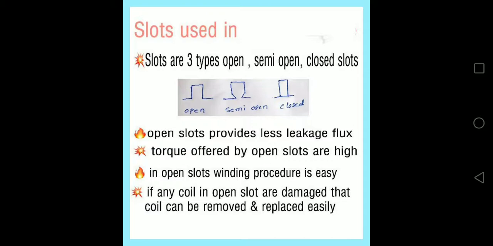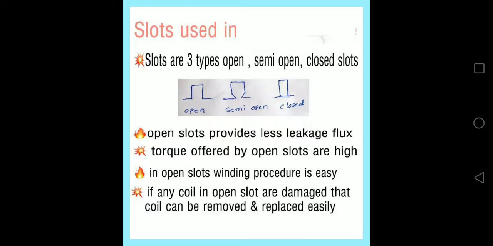Again, open slot, more air gap and more reluctance. The flux formula is flux phi equals mmf by reluctance. Because of the open slot, air gap is more, reluctance is more, flux is very less.